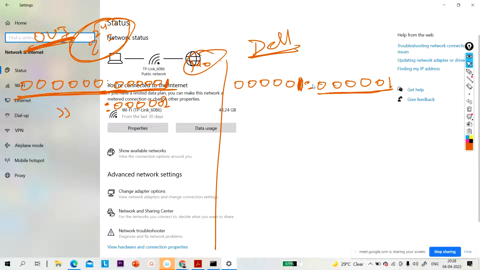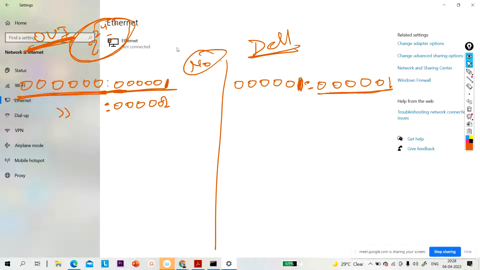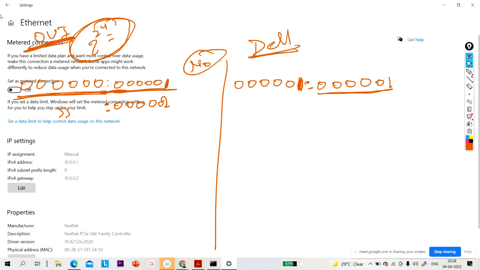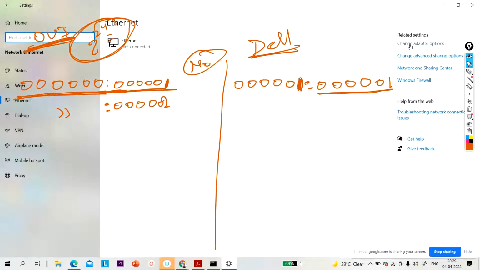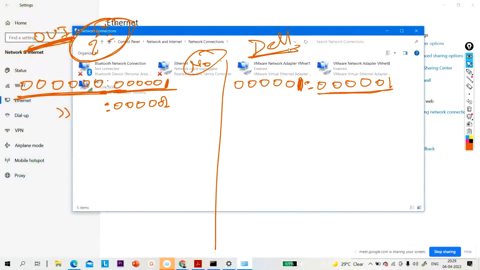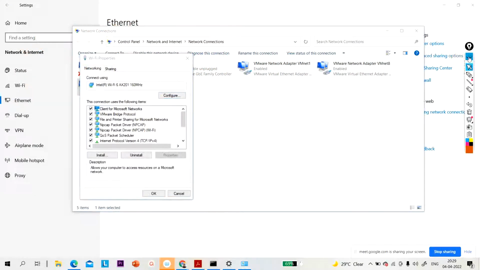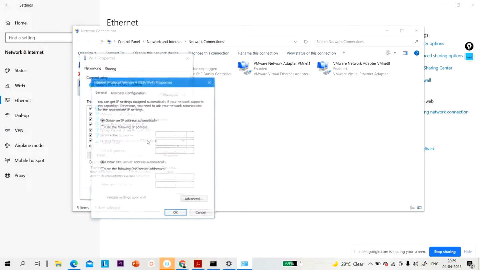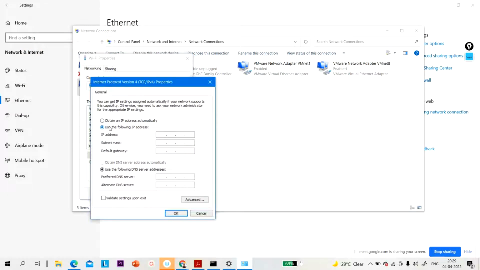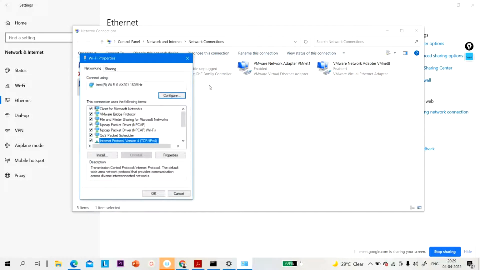I simply typed ipconfig in CMD. Yes, ipconfig /all, you can see everything. Go to status.